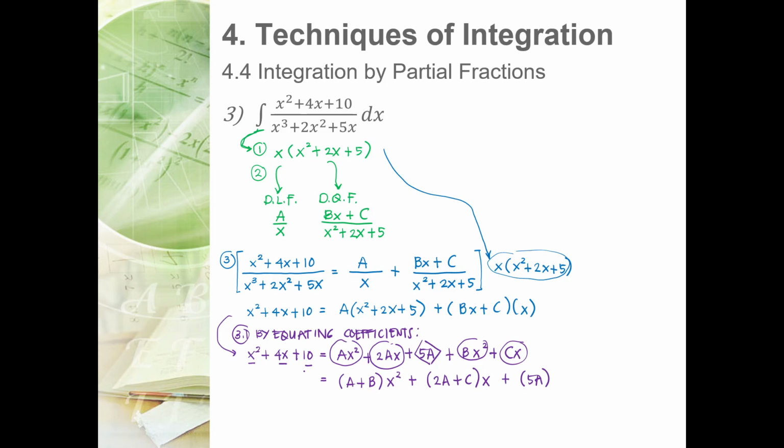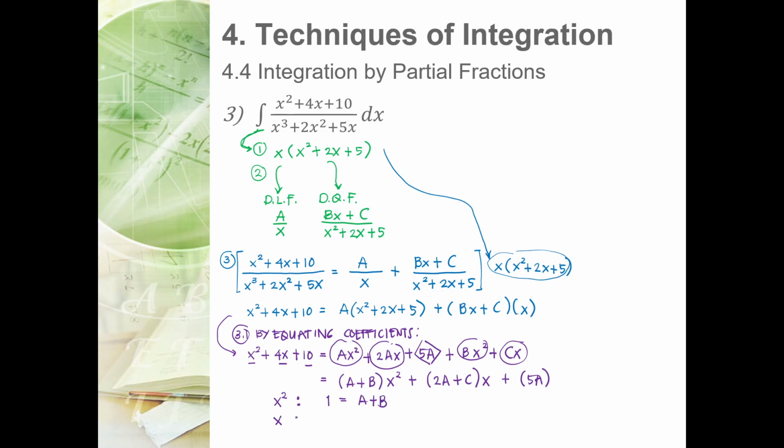Okay, so we now equate the coefficients. Starting off with x squared: the coefficient of x squared on the left side is 1, then the right side is a plus b.